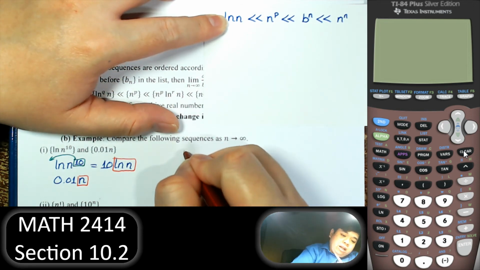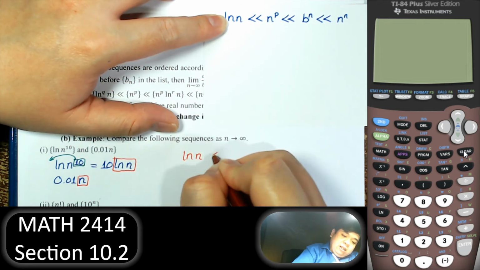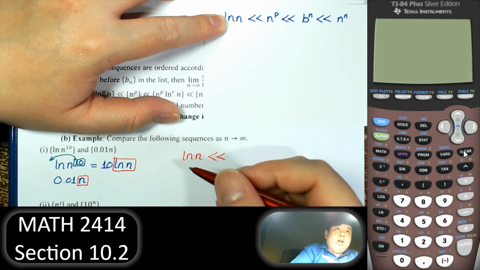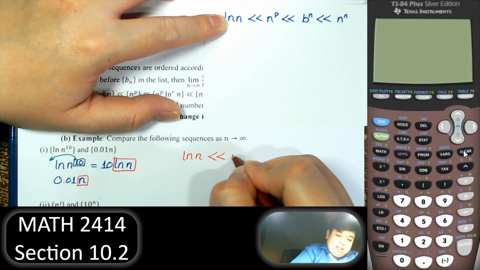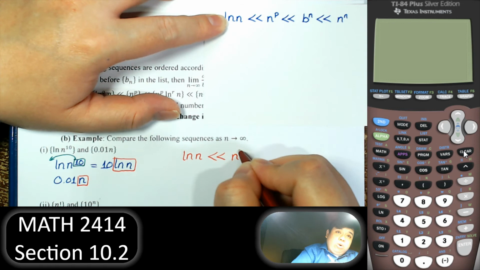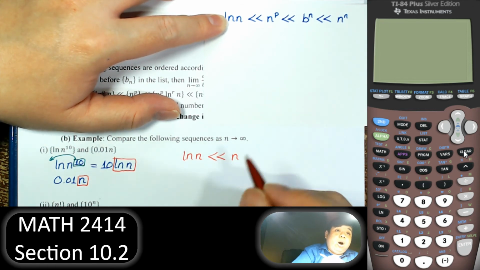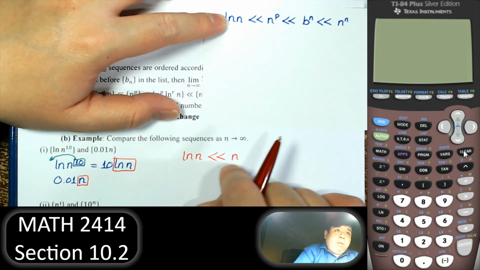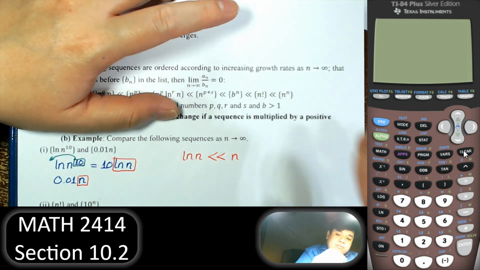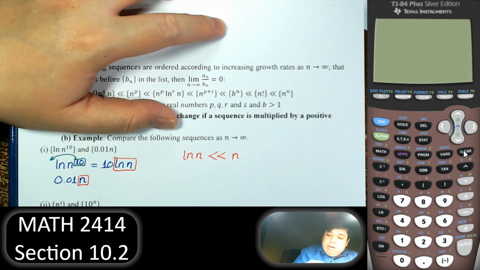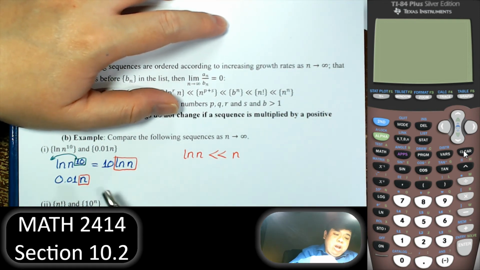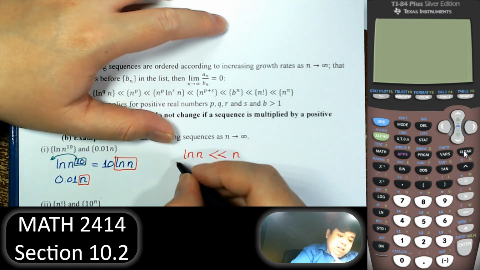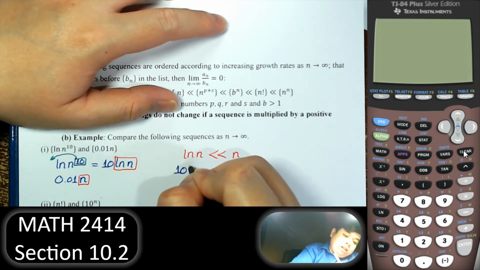So we say ln grows slower than n raised to any positive power. In this case, we choose 1. If that is the case, it doesn't matter if we have a constant in front. It does not affect this ranking.